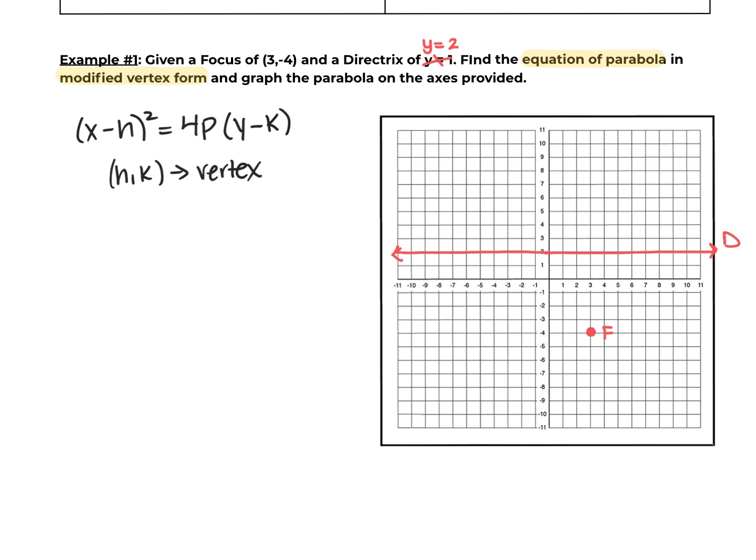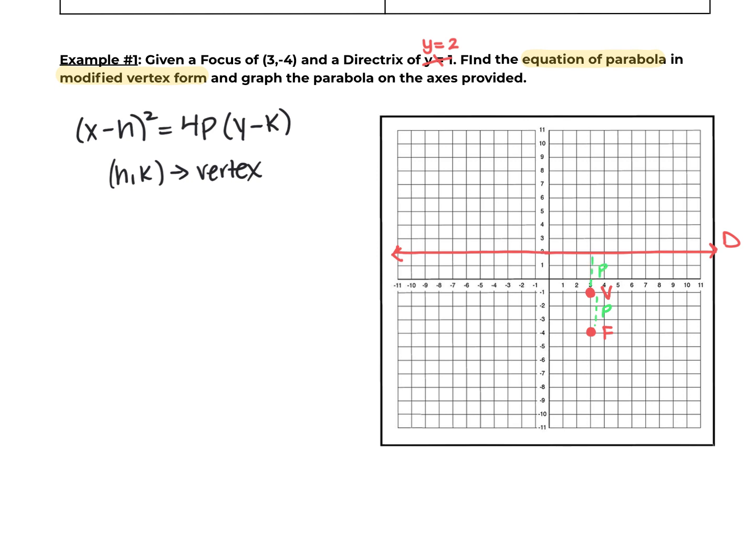So we're going to go back here now and count and find the middle. Let's count how many spaces there are from 2 to −4: 1, 2, 3, 4, 5, 6. Since there are 6 spaces total, halfway would be 3. So I'm going to go 3 down and label that with a vertex. Now that 3 here is your p-value.